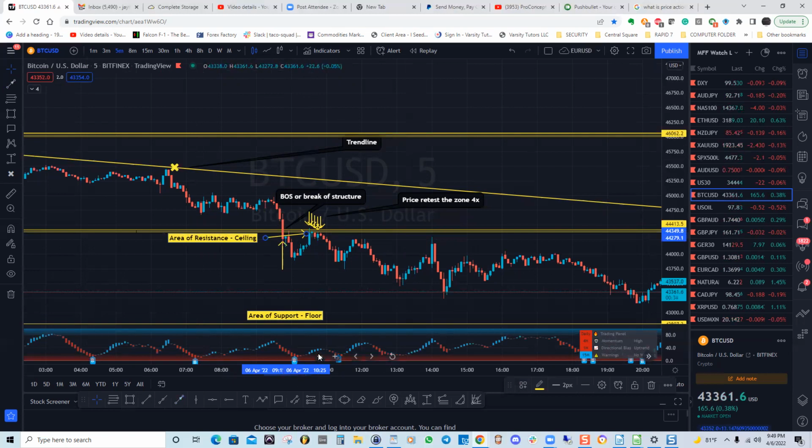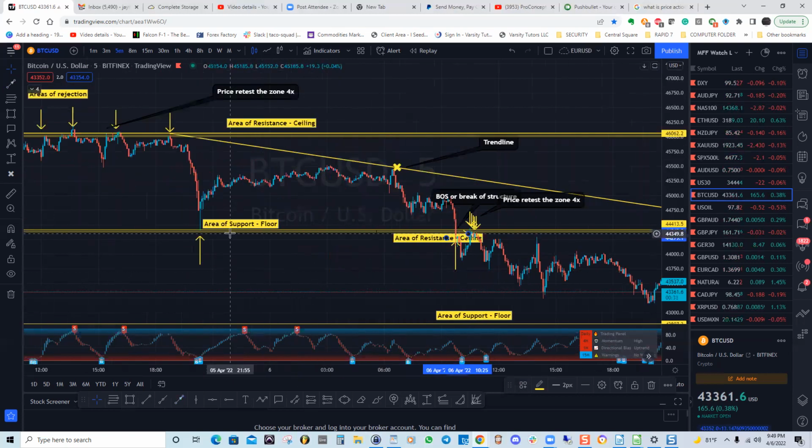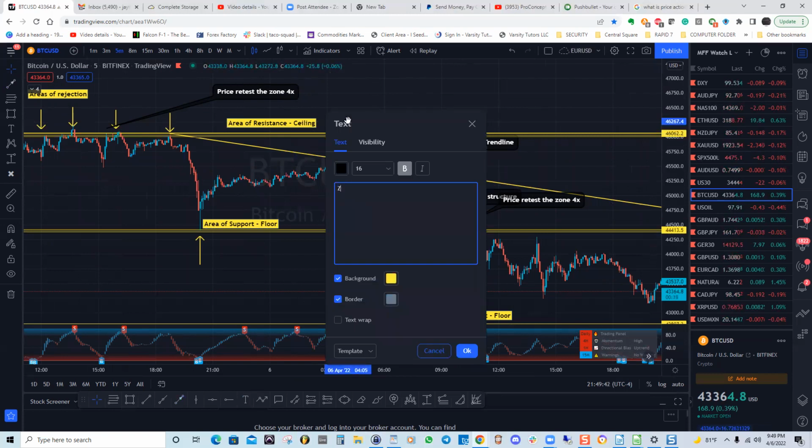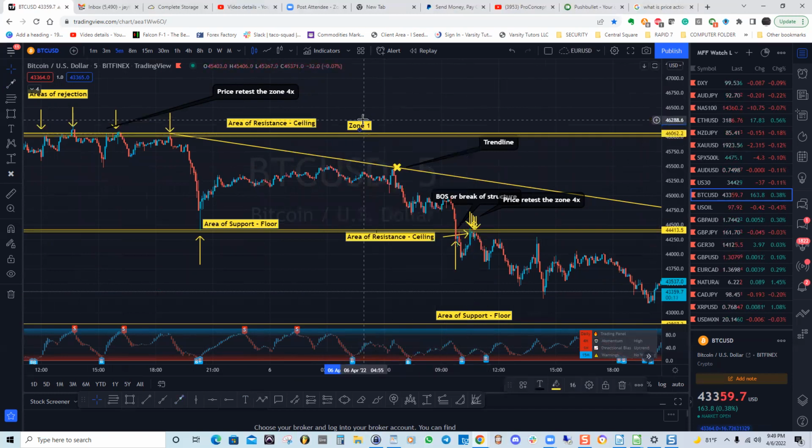And then over here is area of support. So you're seeing this zone right here. Okay, let's call this zone 1. That's zone 1 right here. So zone 1 clearly is playing resistance up here.